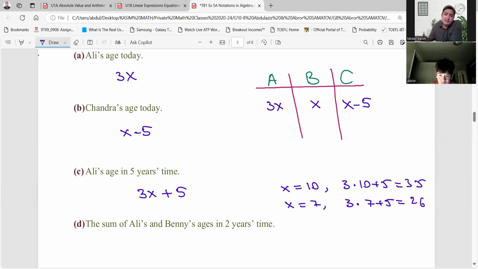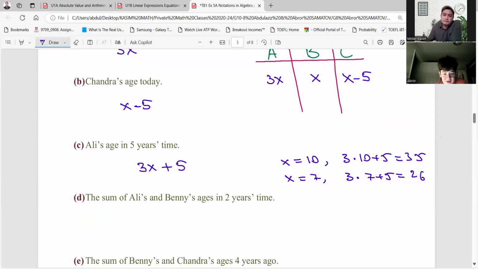Okay. All right. D, the sum of Ali's and Benny's age in 2 years' time. After 2 years, what will be Ali's age? 3x plus 2, right? Yes. Plus, it says sum. And how about Benny? How old will Benny be after 2 years?